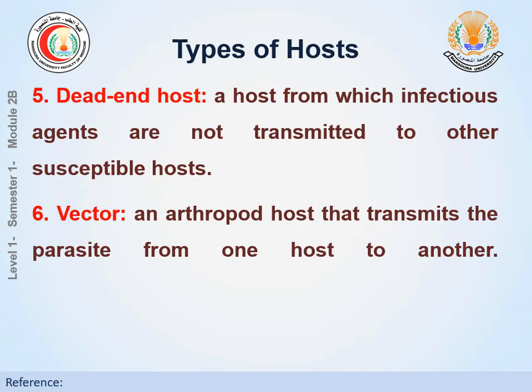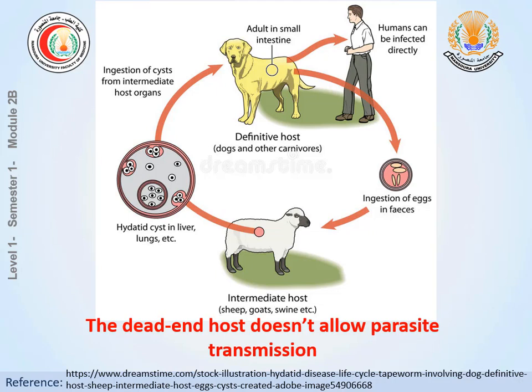As the name implies, in the dead end host, the parasite is no longer able to be transmitted to others. Its life cycle stops in the dead end host, as it is usually an unnatural host to the parasite. Here's an example of a parasite that naturally reaches the adult stage in the intestine of dogs and other carnivores.